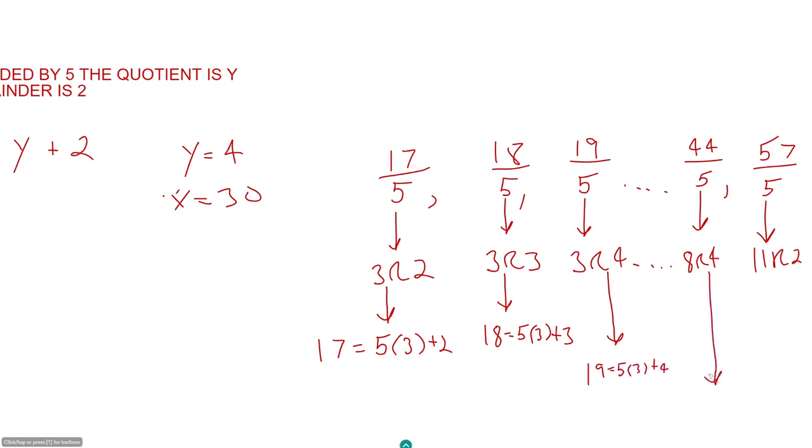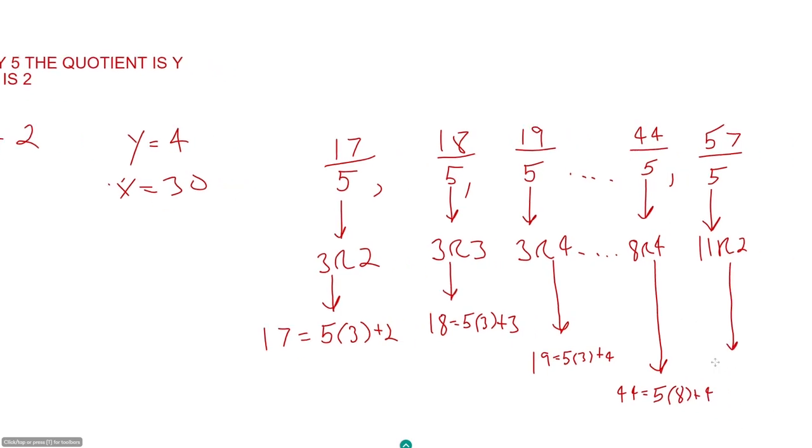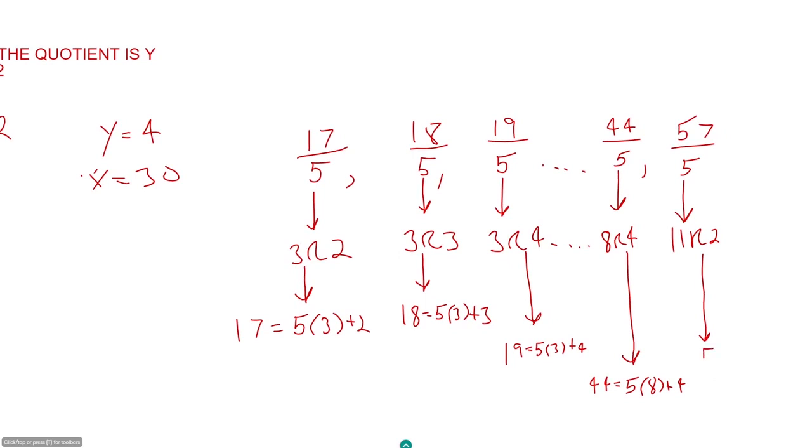So here we're trying to get to 44. So 44 is equal to 5 times 8 plus 4. Here, 57 is equal to 5 times 11 plus 2.